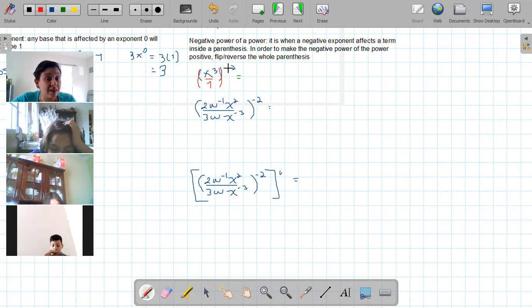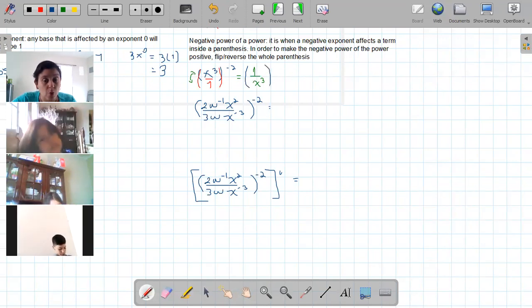Now I need to make this positive. So I'm going to reverse or flip whatever I have on the inside of the parentheses, meaning that instead of the 1 in the denominator, I now have it in the numerator. Instead of having the x on the numerator, I have it in the denominator, but nothing else changes. The exponents are the same, the numbers are the same.